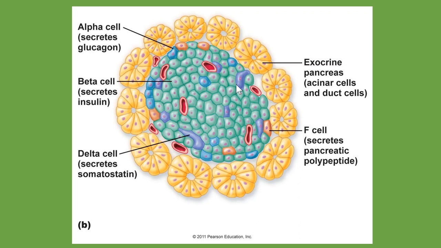In this, we have different cells that secrete different things. Like we have the F cell that's going to give our pancreatic polypeptide. We have the beta cell that's going to give insulin, alpha cells, glucagon, and our delta cells that secrete somatostatin.